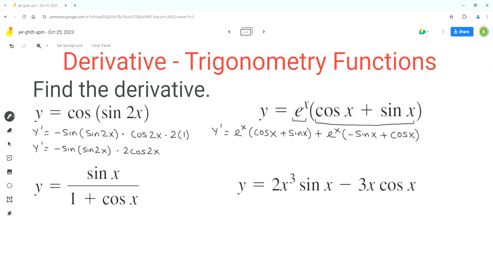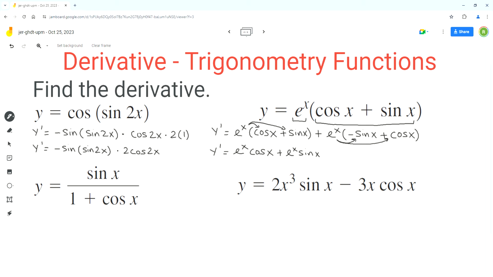Now we can simplify this expression. So we should distribute e to the power x in the parentheses, and we should do the same thing for the other e to the power x. So we get e to the power x cos x, then plus e to the power x sin x.